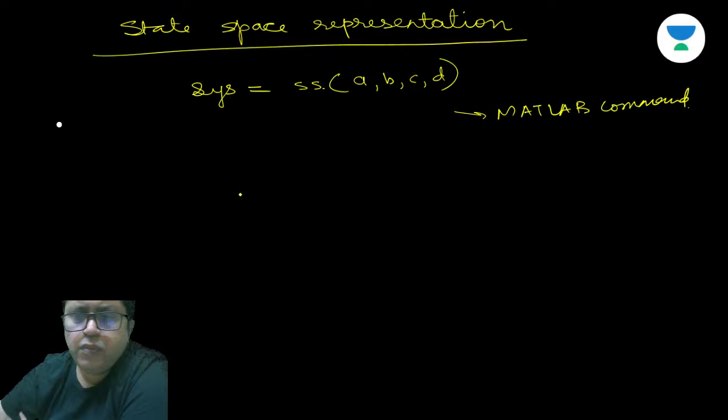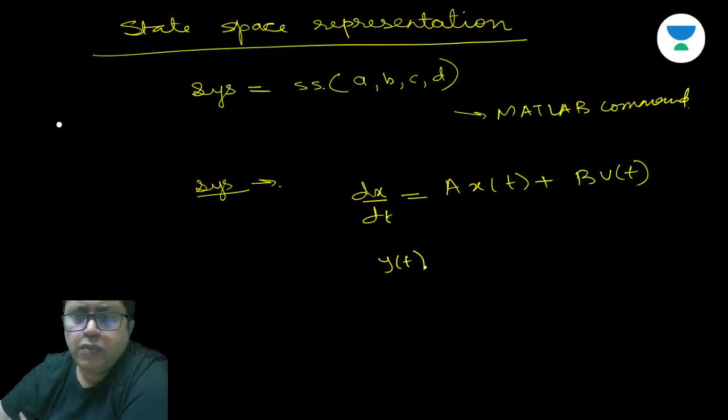Okay. So this creates a system defined as dx/dt is equal to A x(t) plus B u(t). Only change is it is now with respect to time. y equals C x(t) plus D u(t).